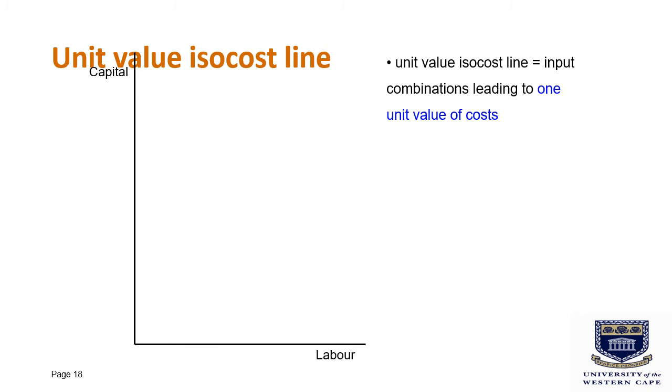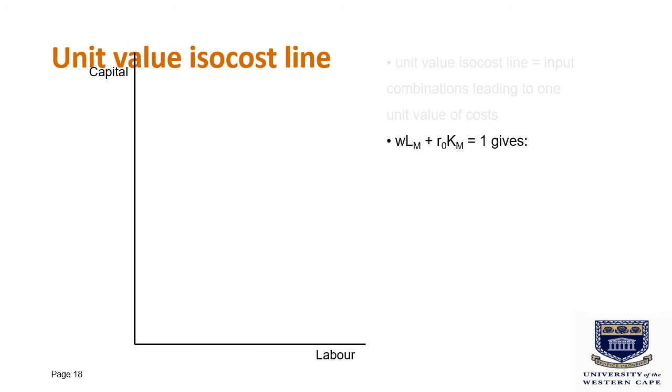Now we need to define the unit value isocost line. That is the input combinations leading to one unit value of cost. Meaning when we take the wage times labor and add to that the rental value of capital times capital, we should get 1. At the same time, we can draw this by finding the x-intercept and the y-intercept, or in our case, the labor intercept and the capital intercept.